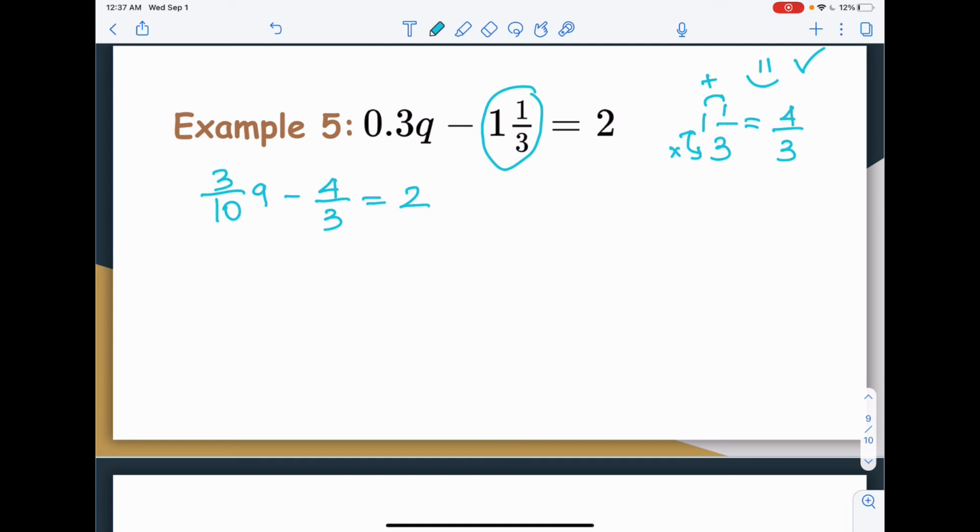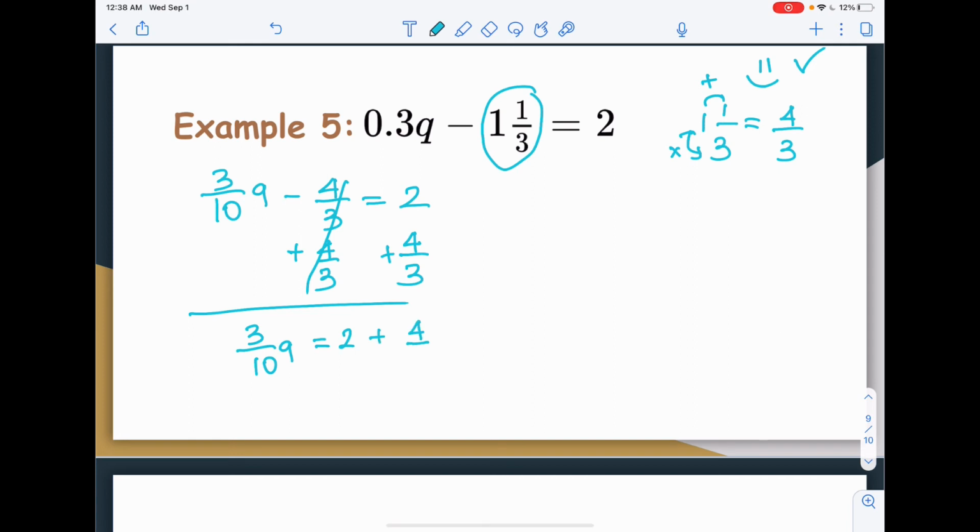Our constant is 4 over 3, and the sign of the constant is negative. So we're going to do the inverse operation by adding 4 over 3 to both sides of the equation. And then this will be cancelled. We have 3 over 10q is equal to 2 plus 4 over 3. I'm going to do this fraction addition on the side, 2 plus 4 over 3.